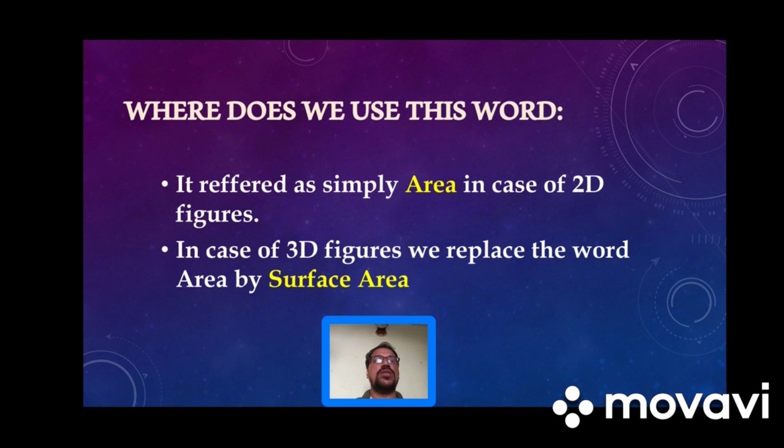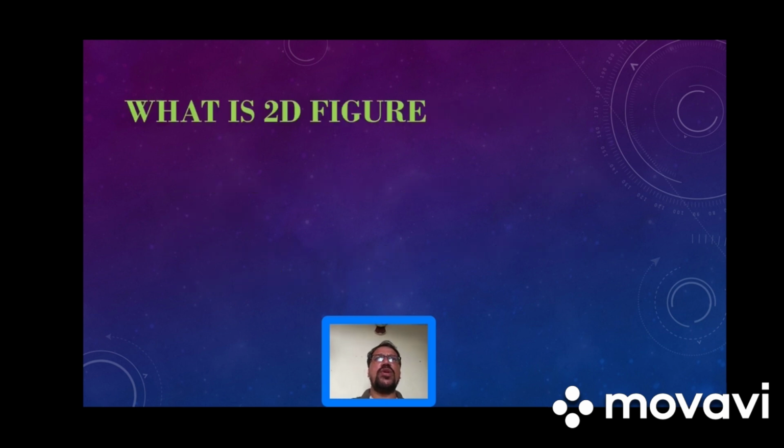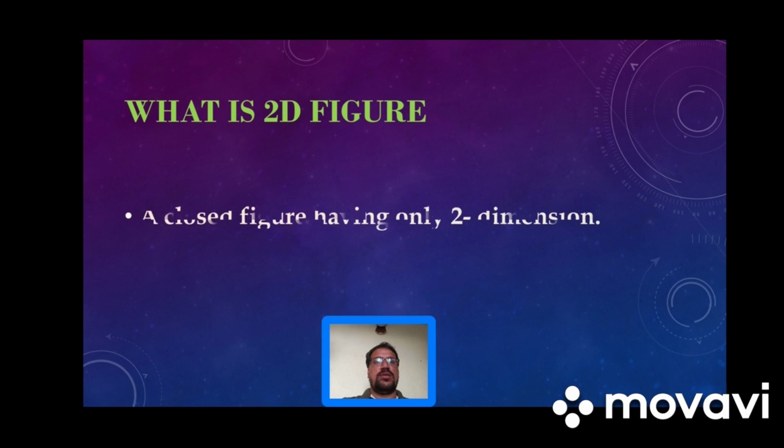Let us look into this in detail. First of all, what are 2D figures and 3D figures? What is a 2D figure? Yes, there should be a question in your mind: what is meant by a 2D figure? A closed figure having only two dimensions is called a 2D figure.